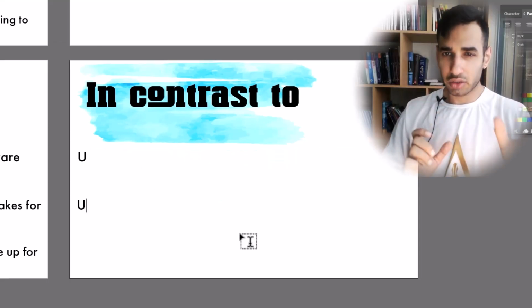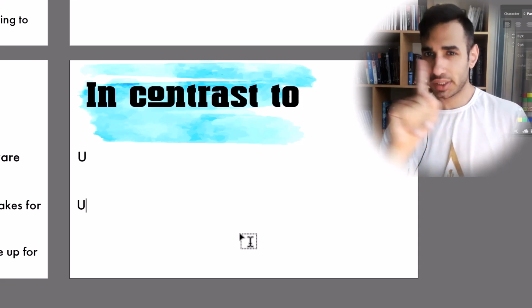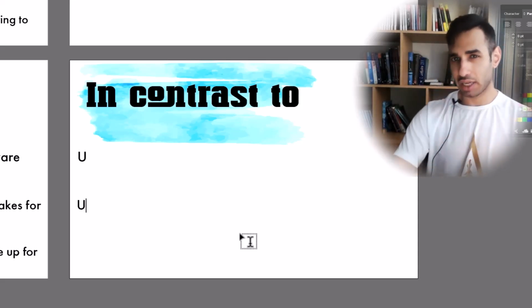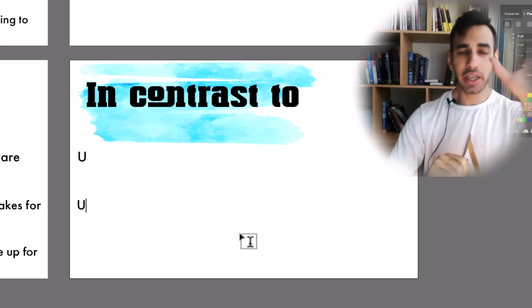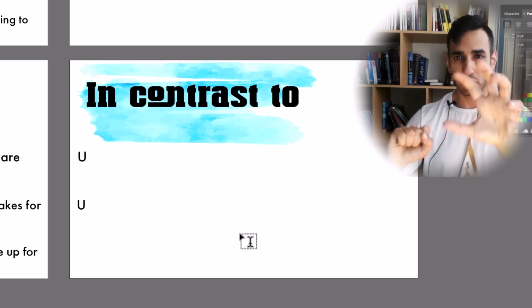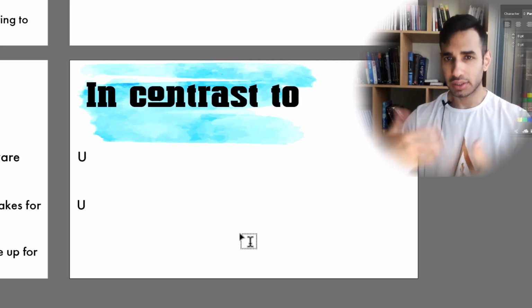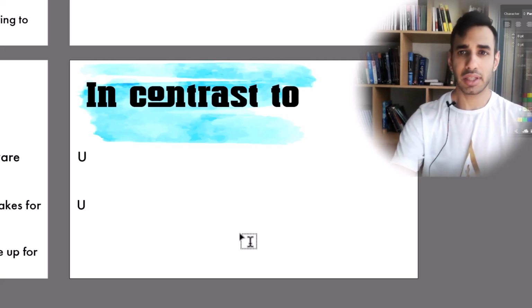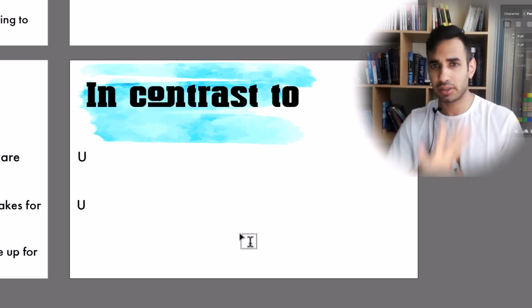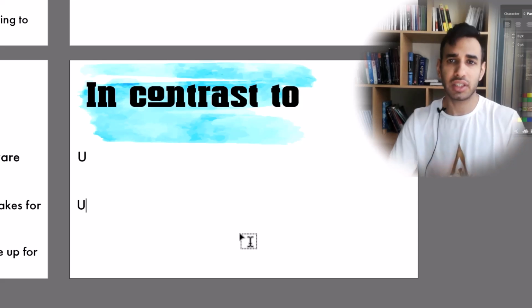Again, in contrast to shows difference between two things: actions, behavior, situation, events, etc. In contrast to noun, pronoun, clause. Exactly the same as unlike. It introduces a comparison that emphasizes a difference.